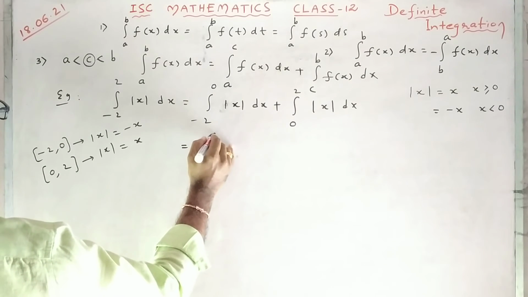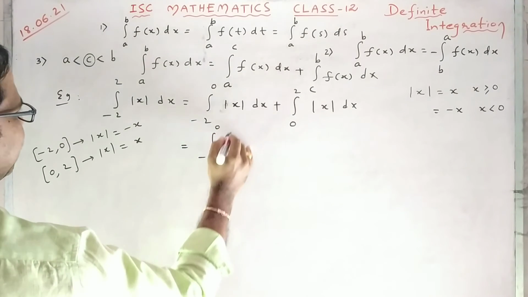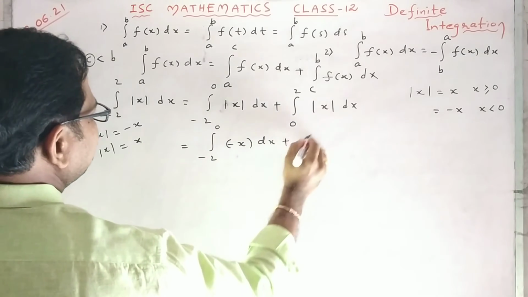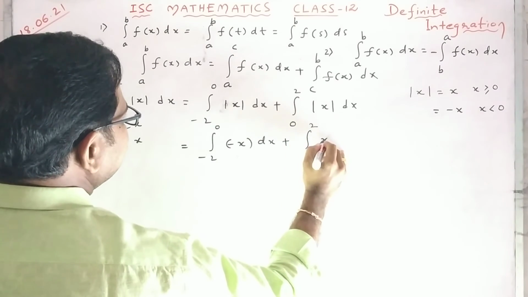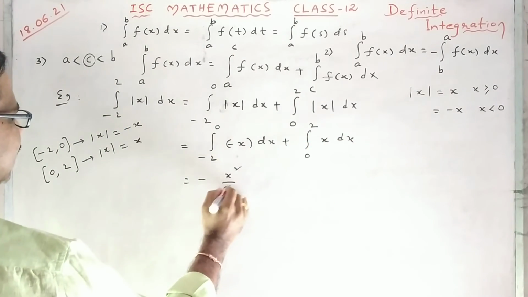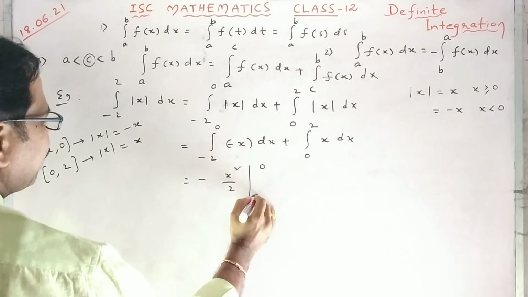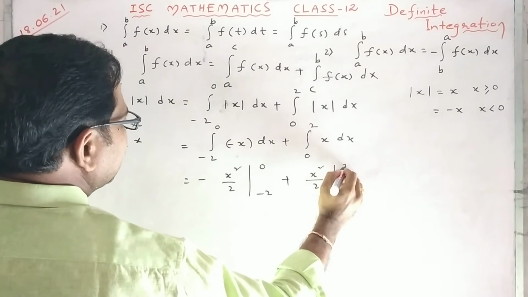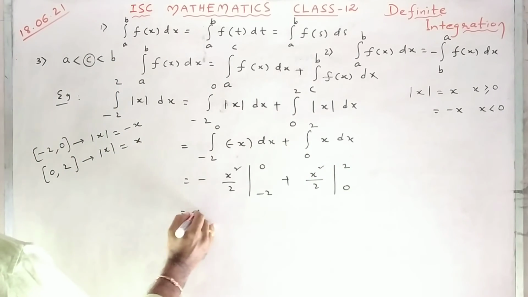So integral minus 2 to 0, in place of mod x we write minus x dx, plus integral 0 to 2 x dx. So minus x integrates to x square by 2, upper limit minus lower limit. This also is x square by 2, upper limit minus lower limit.